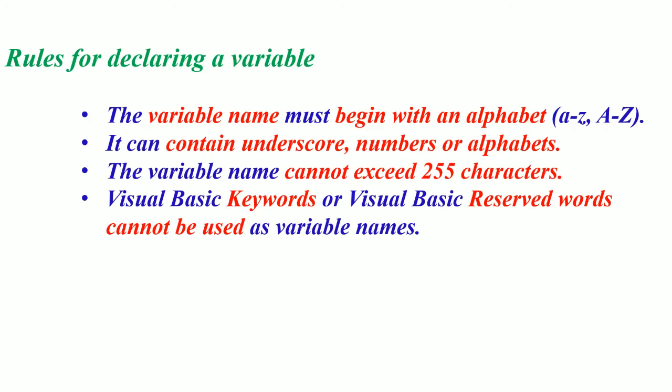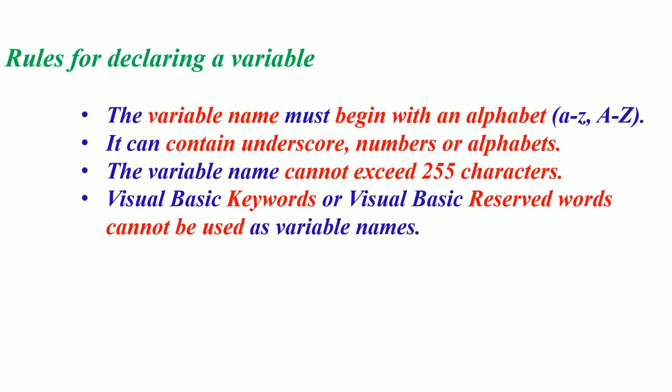Visual Basic keywords or reserved words cannot be used as variable names. For example, we already learned the different types of numeric data types: double, currency, decimal. These are the names of the numeric data types. Those names are called keywords, or Visual Basic reserved words. Those words have some predefined meaning in a Visual Basic program, so keywords cannot be used as a variable name.